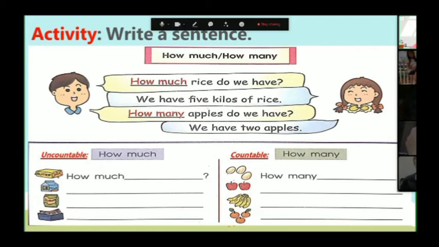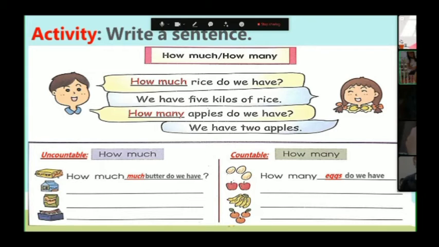How much? Can you complete the sentence? How much butter do we have? Next, how many eggs do we have?